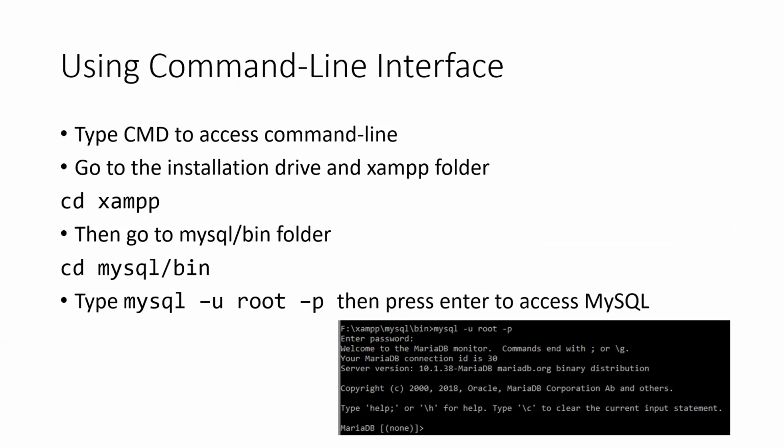Once you go there, you can type the command mysql -u root -p, which means you are going to connect to the database server as a root user, and -p means you use the password for that. Now you are ready to connect to the database.